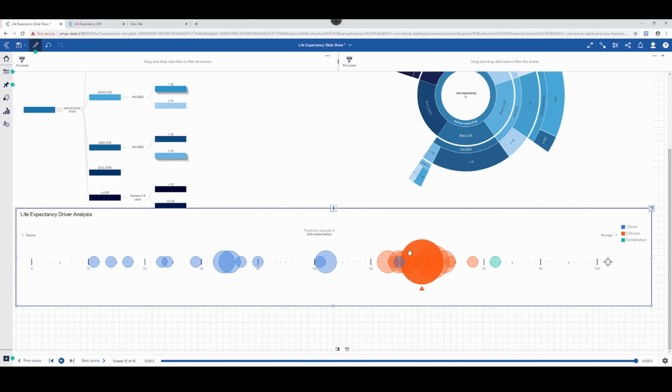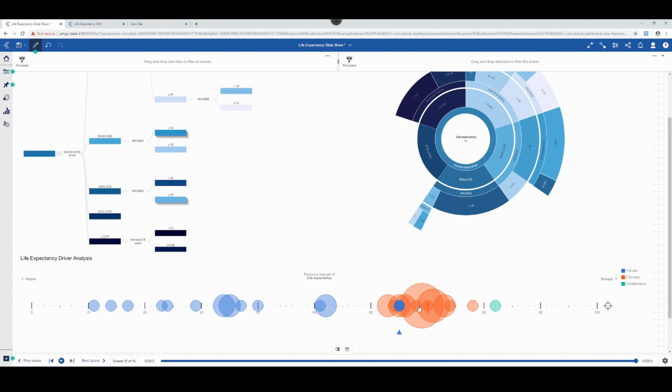Here we have a few different combinations of two drivers that have a predictive strength of 69. The highest two drivers is this. There's the Human Development Index and HIV. The single strongest driver is over here, and that is the Human Development Index.